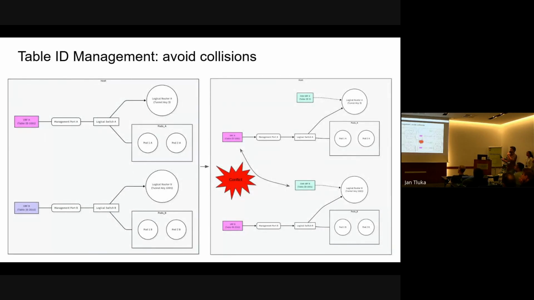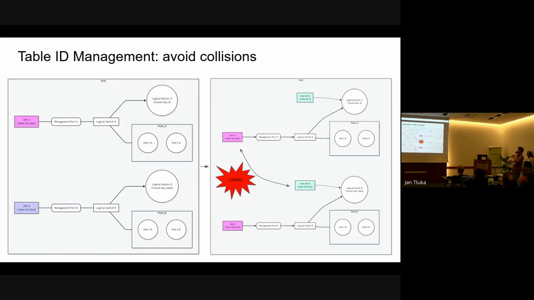Table ID management. I have two drawings here. The one on the left is the simplified OVN Kubernetes topology that we use right now. And the box on the right is how things would look when we introduce OVN BGP support. You see that we have our tunnel keys already set on our logical routers, and we have our VRFs that already have table IDs configured on them.